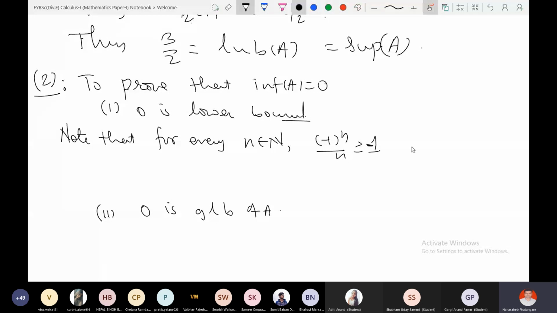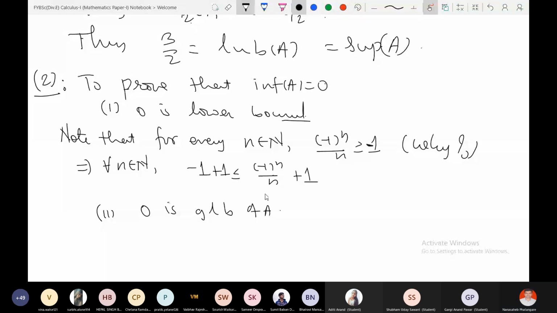Is this true? Right. Therefore, for every natural number n, this quantity is bigger. But if I add 1 on both sides, what will I get?